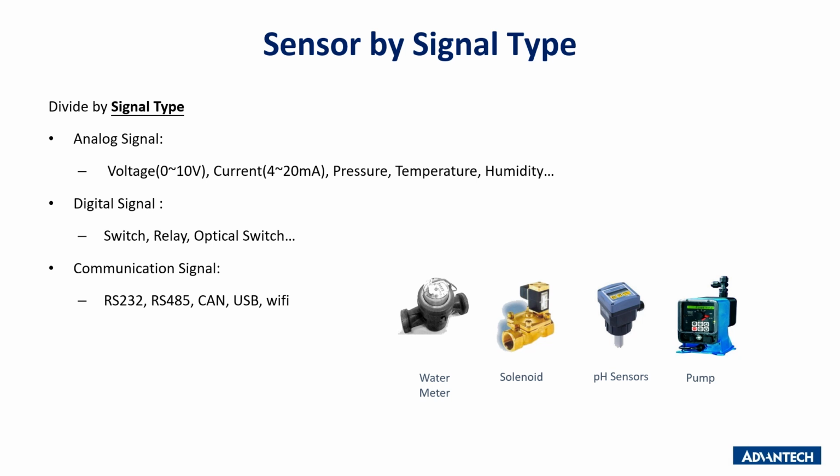The digital signal, different from the analog signal, only has 2 states, on and off or 0 and 1, like switch, relay, optical switch. And there is also another kind of sensor that uses communication signal, like RS-232, RS-485 or Wi-Fi. In the following chapter, we are going to talk about some analog and digital sensors.